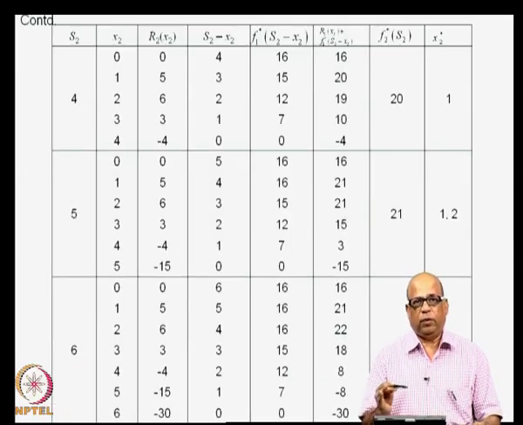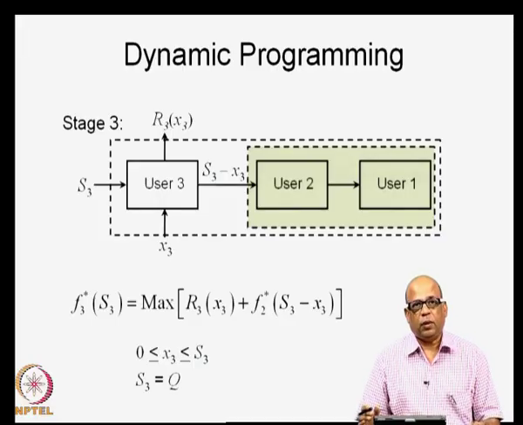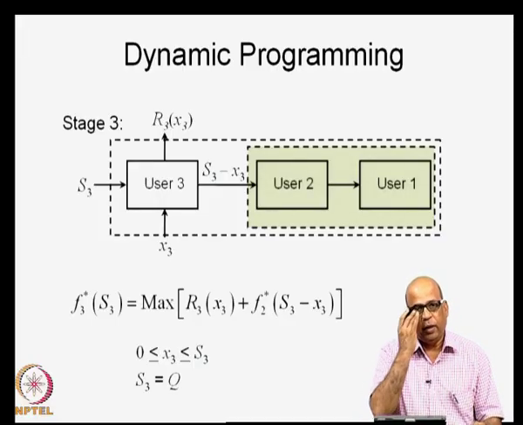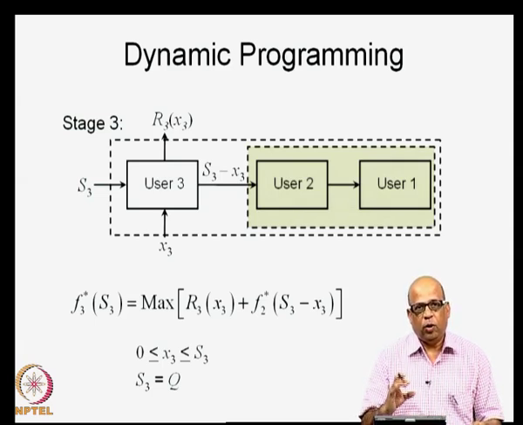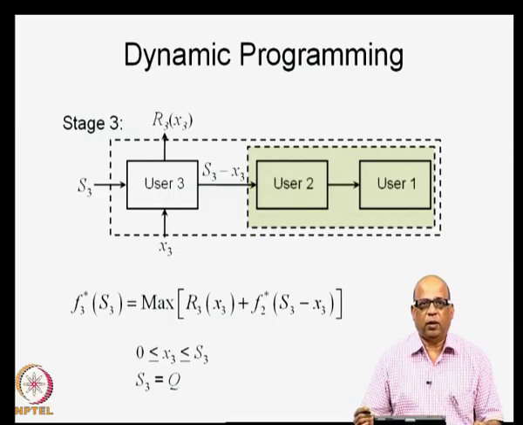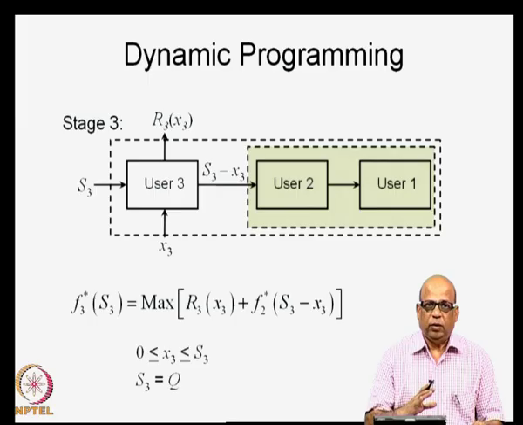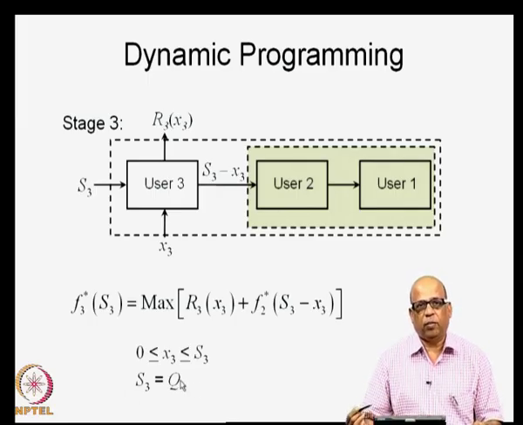When we come to stage 3 in this particular example, all the users are included, and the state variable, that is the state of the system, S3, is the amount of water available to be allocated to the users included in that stage, and in stage 3 all the users are included. Therefore, S3 will be equal to the total amount of water available. S3 is Q.